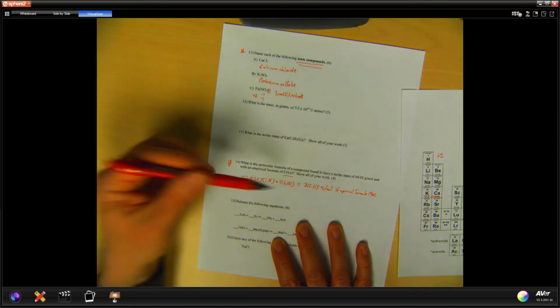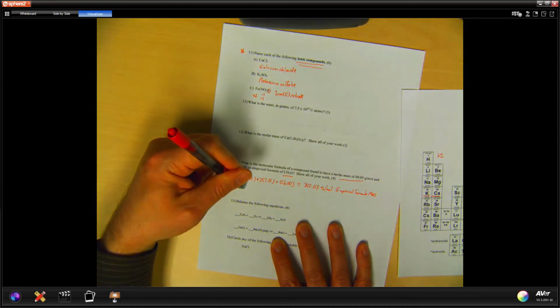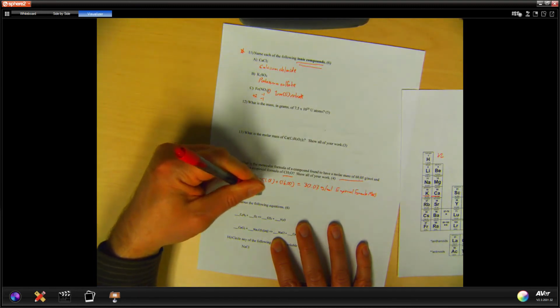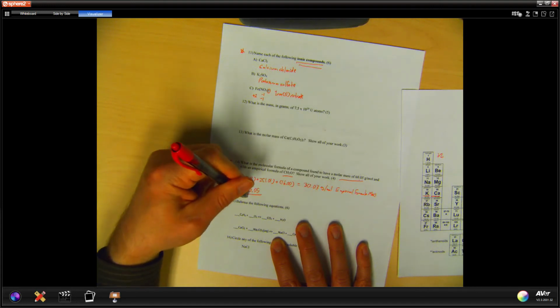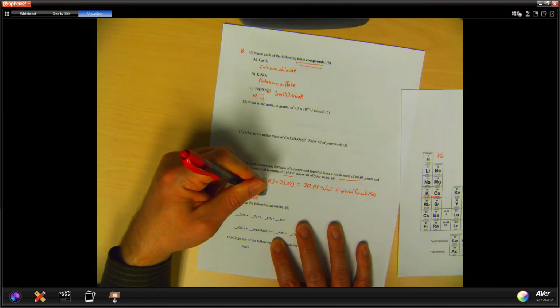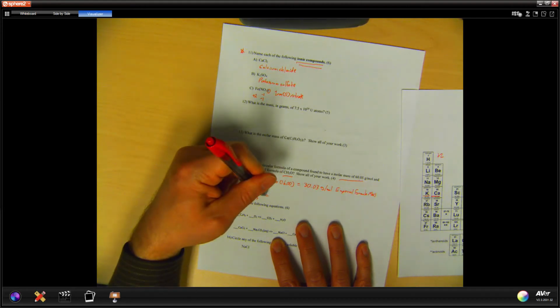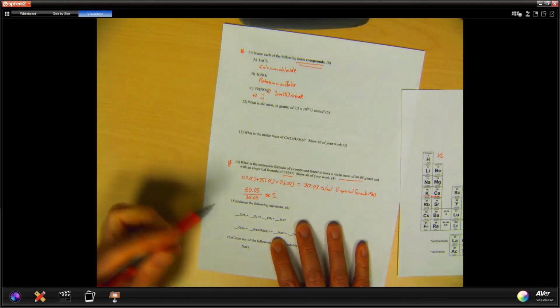Then we take the molar mass of the whole molecule and divide that by the empirical formula mass. This is going to be about 2. Actually, let me do the total math for that.